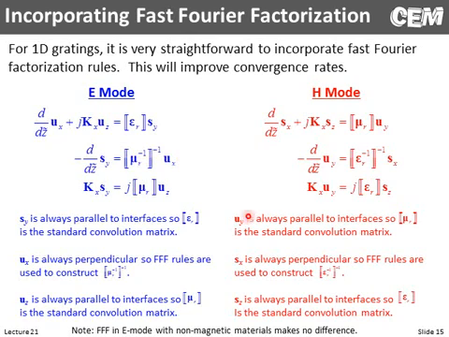Now in the H mode, the UY and the SZ are always parallel to interfaces, so they get standard convolution matrices. It's the SX component that's always perpendicular to interfaces, so this is where we incorporate our fast Fourier factorization rules. We take the reciprocal of the permittivity function, construct a convolution matrix from that, and then invert that convolution matrix.